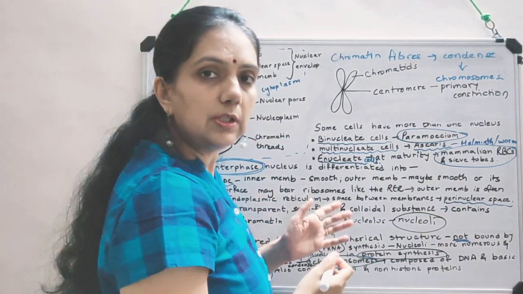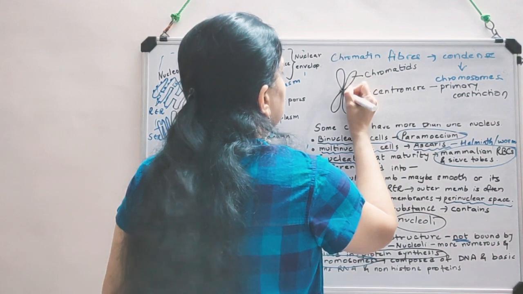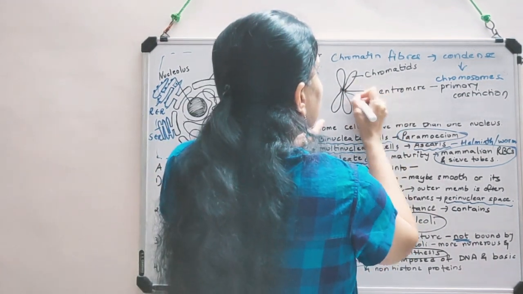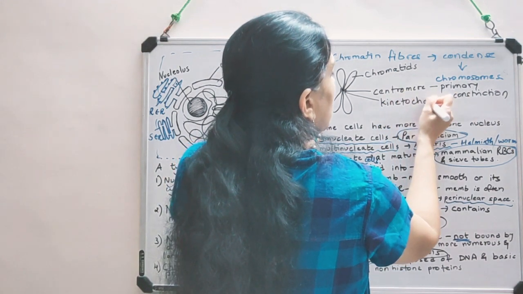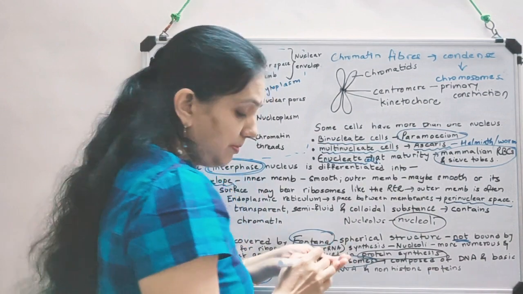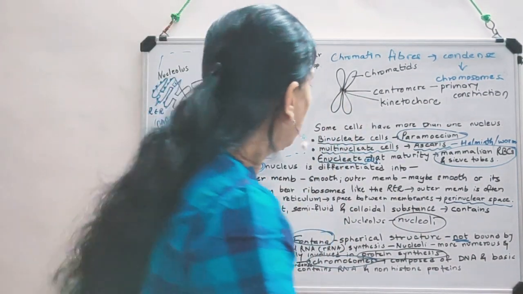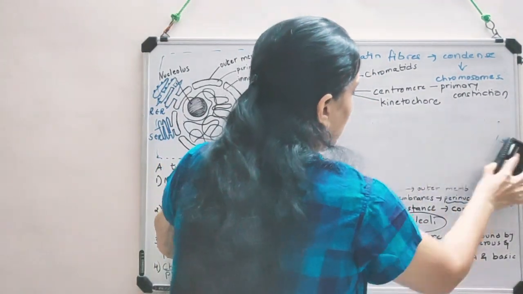Now next to the centromere there is a disc-like structure, and that disc-like structure is called kinetochore. Now, depending on the position of centromere, chromosomes are divided into 4 types.